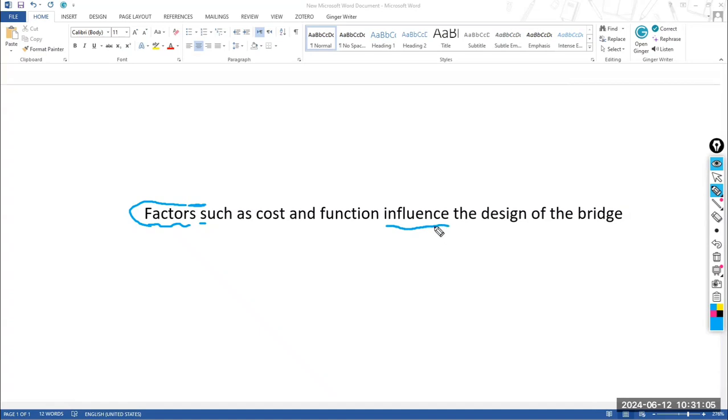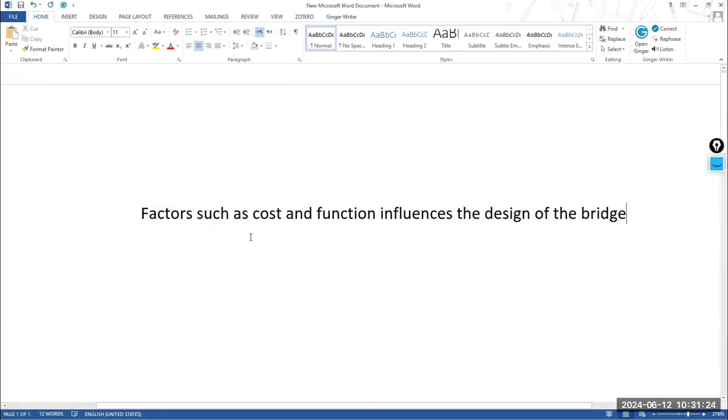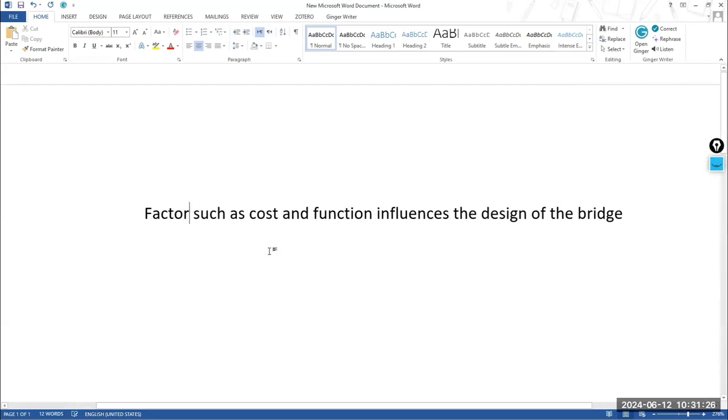Now, if we are confused whether the speaker used singular or plural, what is this? Influence. Influence is a noun, but here influence is a verb. If it is plural, factors, I don't have to add S. But if it is factor, I have to say influences. Be careful about the verb. If the subject is singular, I have to add S. This is simple present. I have to add S, ES, IES.